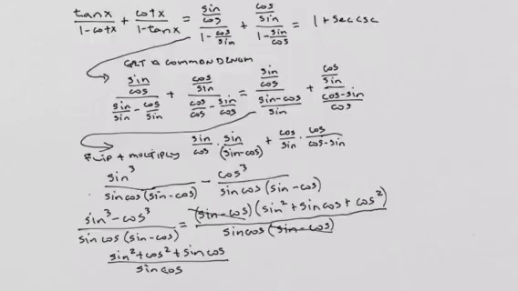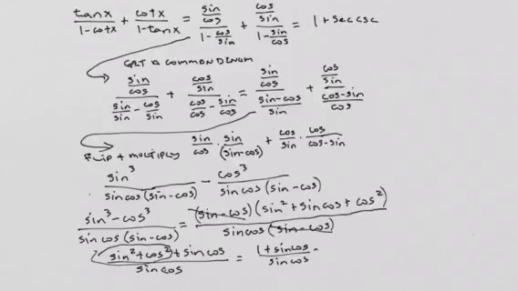Okay, this sine squared plus cosine squared is just 1. So I'm going to be able to get this done on this page miraculously. That's what we have when we change sine squared plus cosine squared into 1.